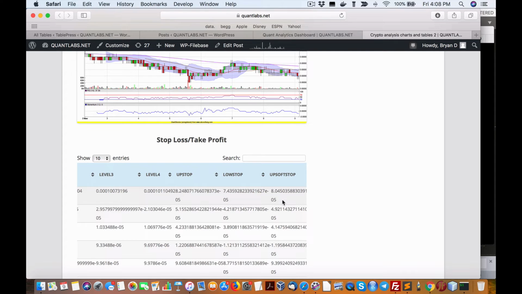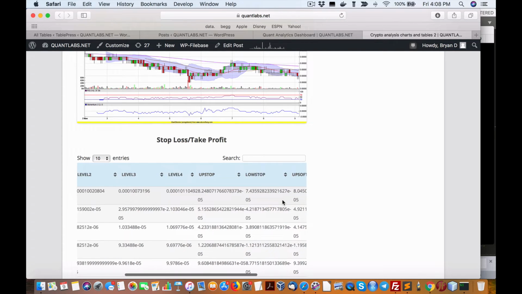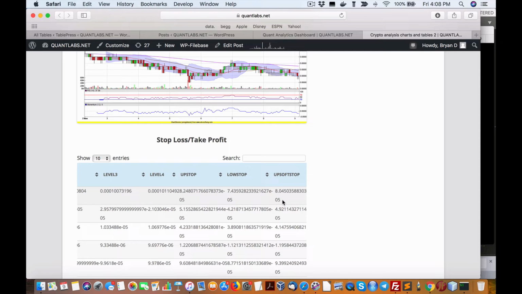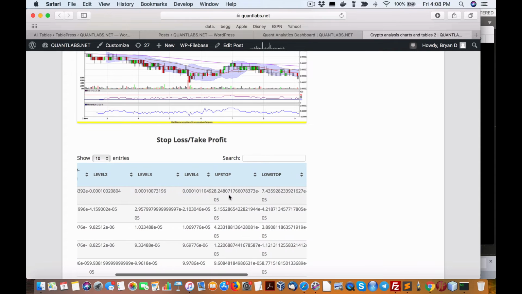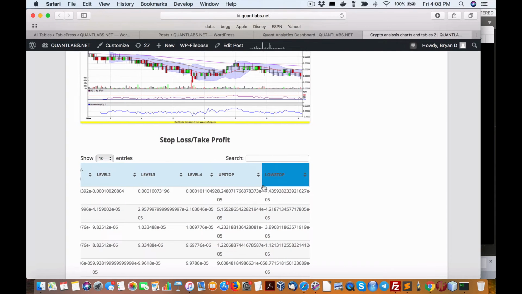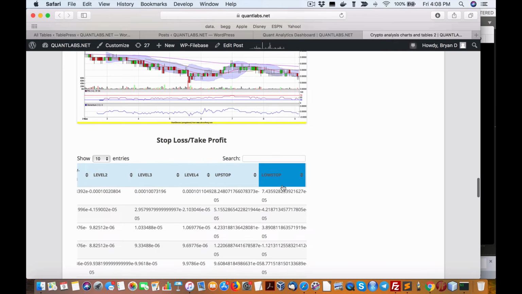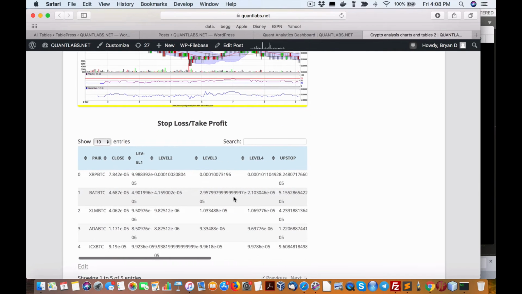So let's say you're willing to put on half the position at the upper soft stop, or the upper soft take profit. If you're 50% sure, that's your soft stop. But if you're 100% conviction it's going to get there, then you use the upper stop. It's the same with the lower if you wanted to short as well. And that's all virtual. So that's what all these figures mean.